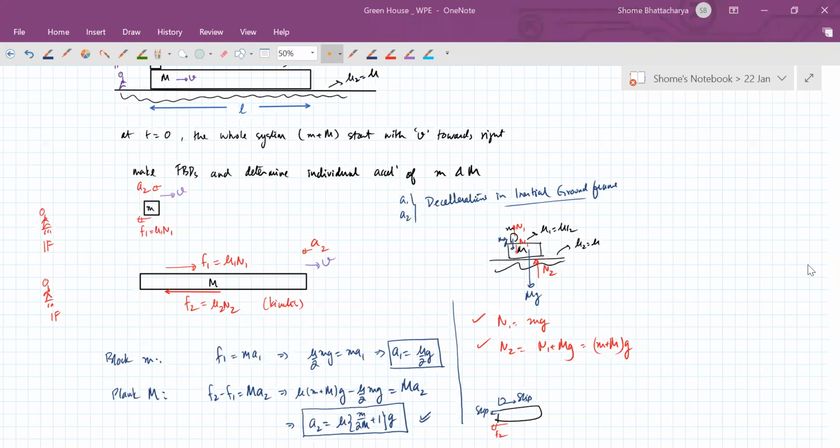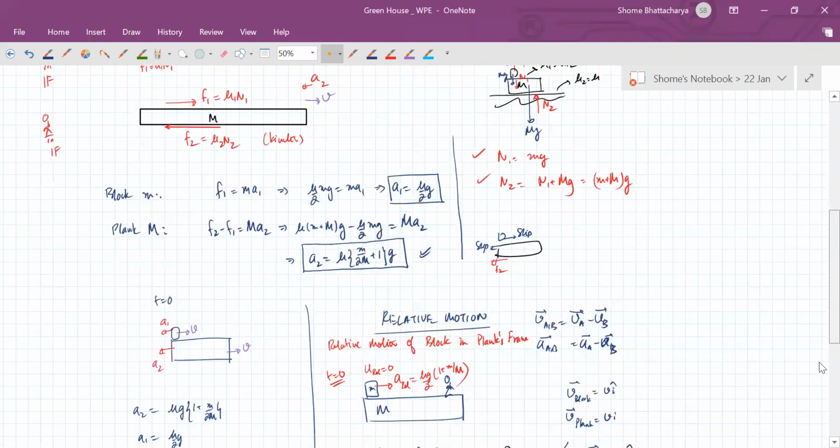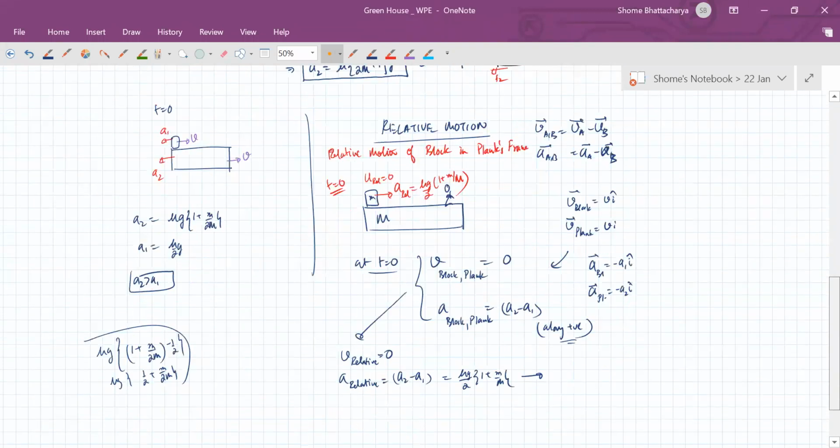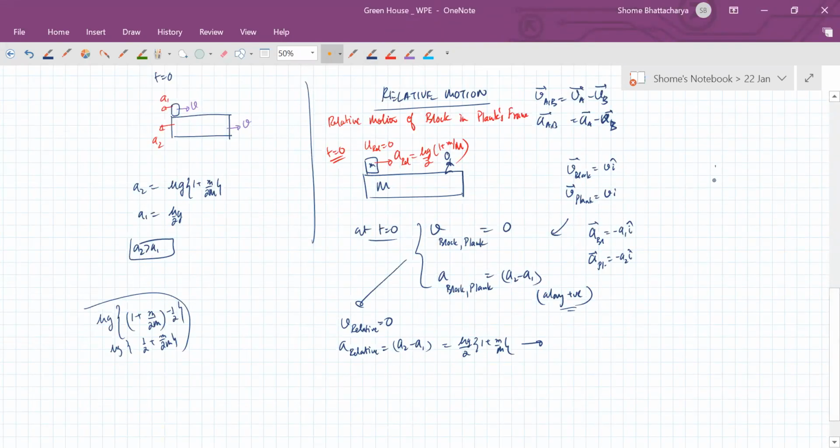Okay. So now we'll come back to the relative motion part. And finally, after getting the relative acceleration, we'll just use the kinematics equation. At t equal to 0, this block is starting from here with u equal to 0 and a relative, which we know. After some time, with respect to this observer only, this block would have reached here.